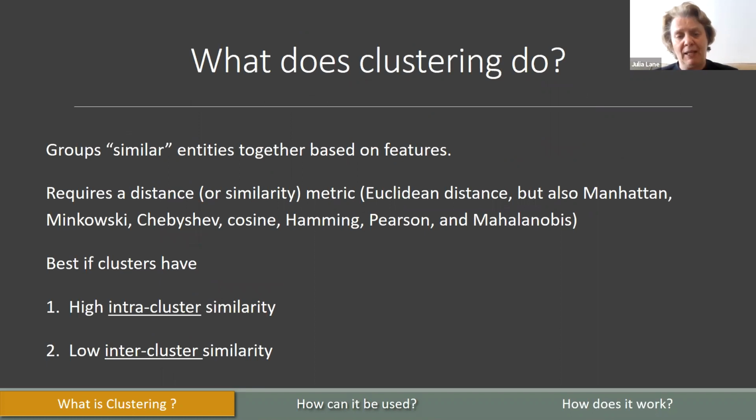So that leads me to, what does clustering do? What it essentially does is group similar entities together based on the features. The features, as you remember in computer science, means a variable. Similarity can be variously defined. The most common measure is Euclidean distance, that is a distance based on numbers.